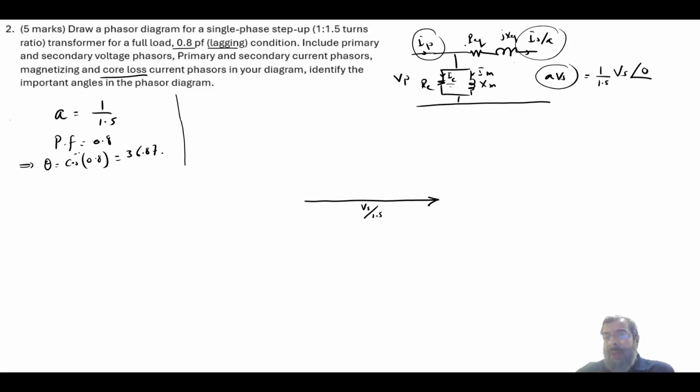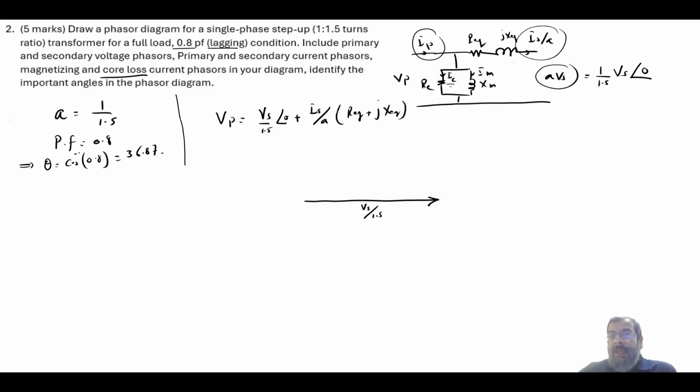Now if you apply KVL here, you will see that your VP is equal to your VS over 1.5, which is the A VS, angle of 0, plus IS over A times R equivalent plus jX equivalent.